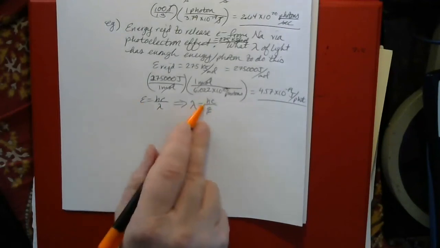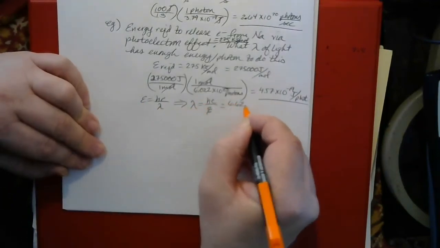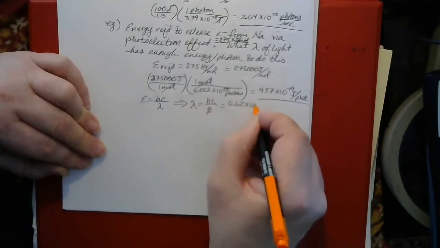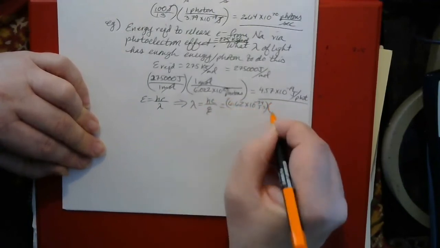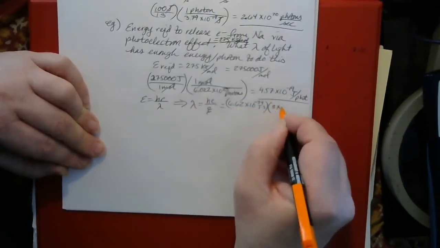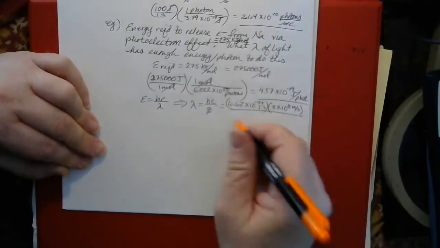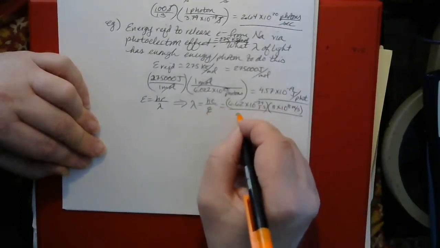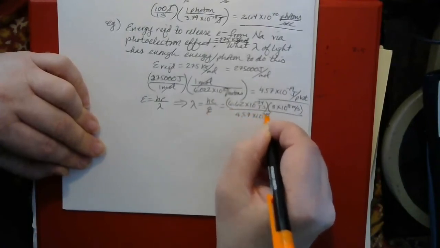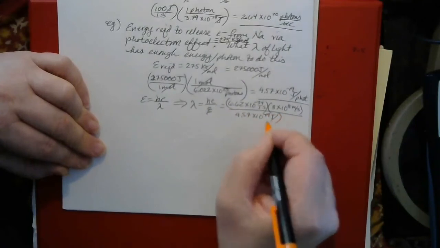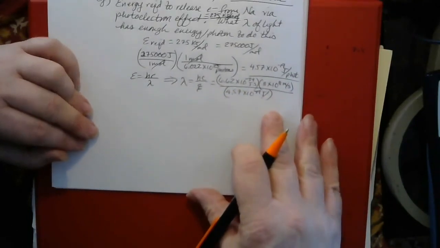So lambda is hc over E. H is the constant, 6.626 times 10 to the minus 34 joule seconds. C is the speed of light, 3 times 10 to the 8th meters per second. And energy we just found above, 4.57 times 10 to the minus 19 joules per photon. I'm going to leave it as just joules, because the word photon is often left out.